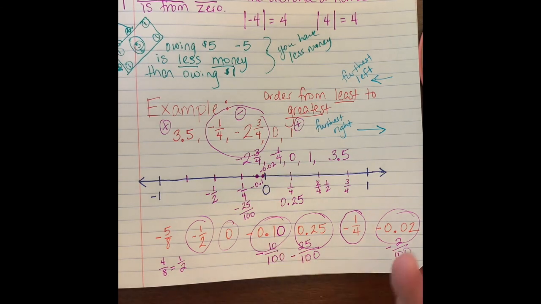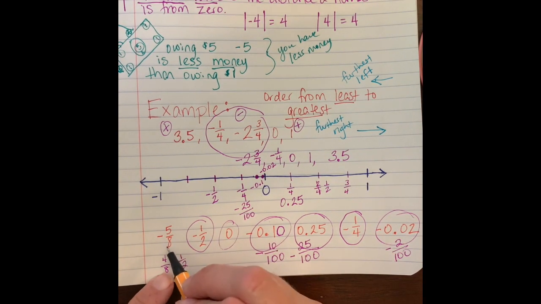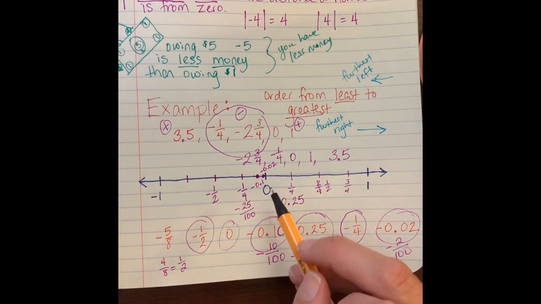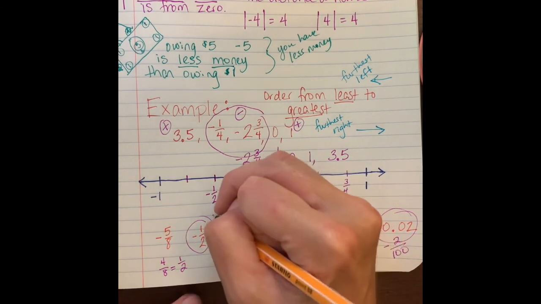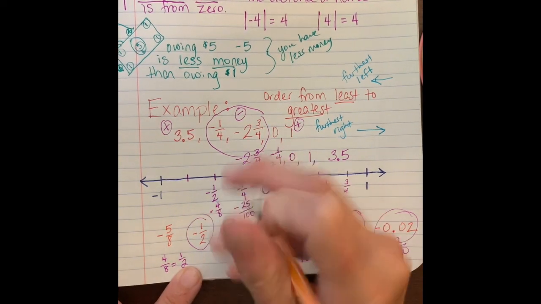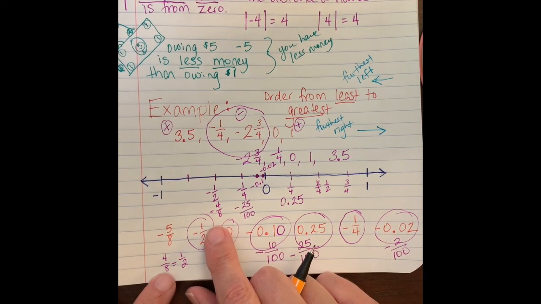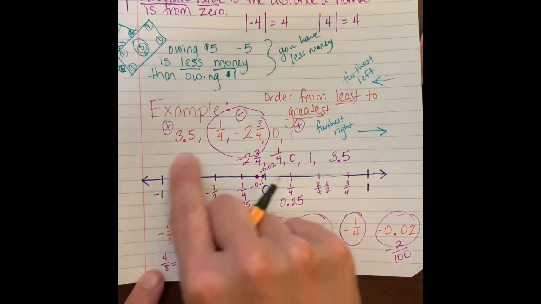If you've got 8 pieces of pizza, 5 of those pieces would be bigger than 4 of those pieces. So I know that negative 5/8 is going to be further away from 0 than 4/8, which would be 1/2, because negative 4/8 would be right here. Now I've just got to decide how much further. I know it's going to be over here somewhere.